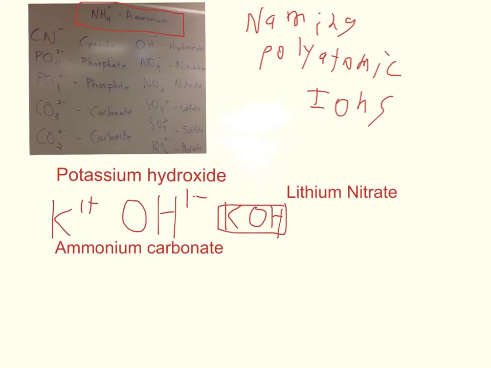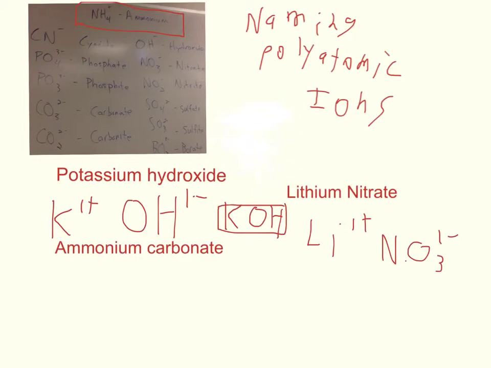Now we're moving on to lithium nitrate. Li is lithium, and its oxidation number is 1 plus. And then we have nitrate, which is NO with a 1 minus and a 3 down there.